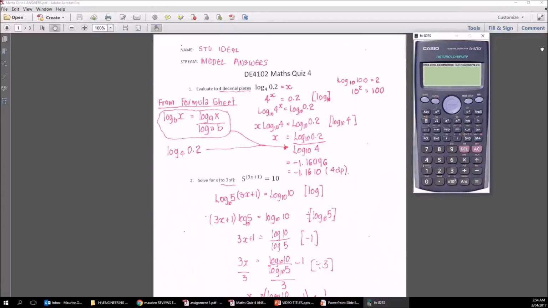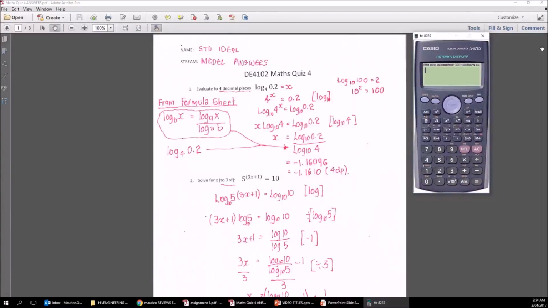So, looking at this example, we've got log to the base 4 of 0.2 equals x. If we follow the pattern that I have, there is another pattern on your formula sheet, log to the base a of x equals b, or something like that, and you can follow that equally well, so that a to the b equals x. It's quite easy to follow.